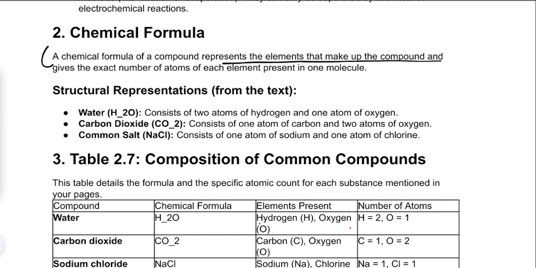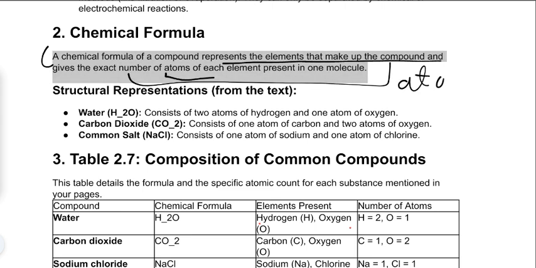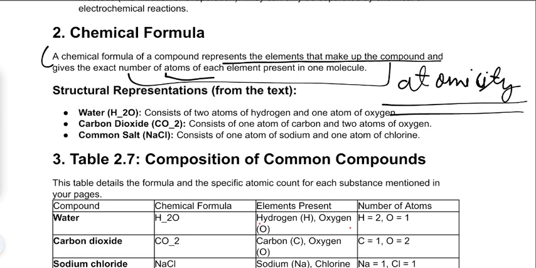Numbers of atoms present in a molecule is a very long sentence. You can just shorten it by writing it gives us the exact atomicity. Why? Because the number of atoms contained in an object, to that we call atomicity. That is referred to as atomicity.